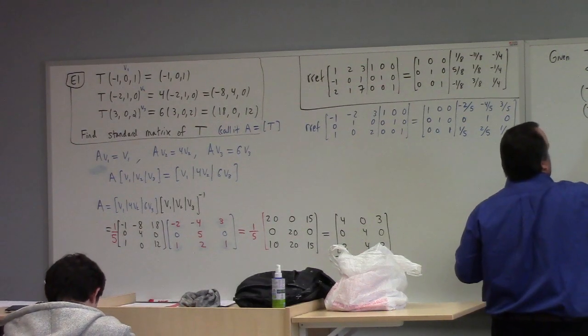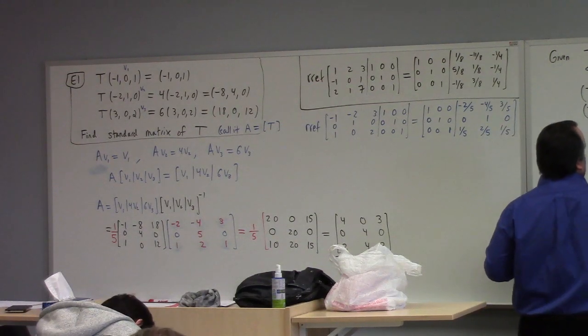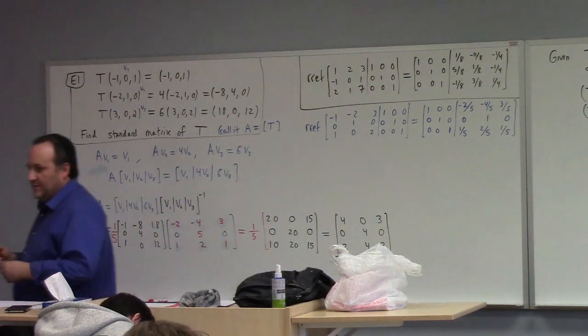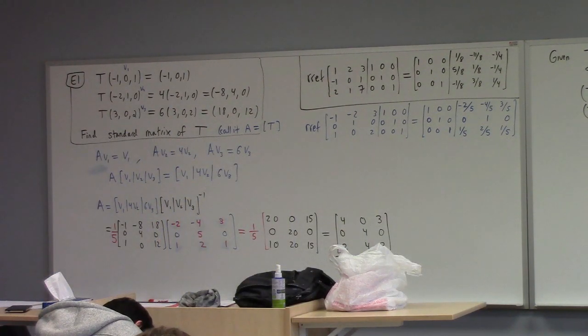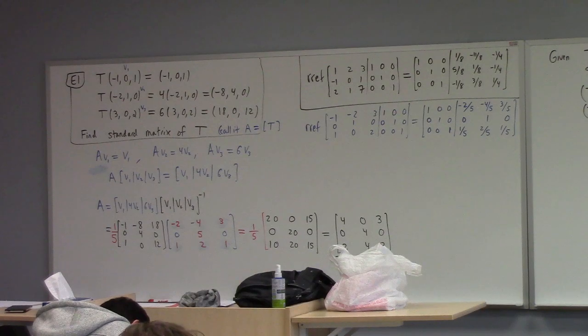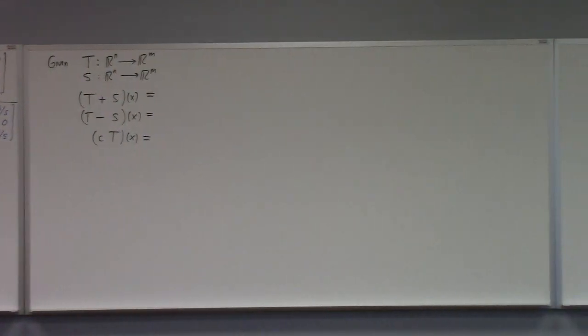We can define a constant times T. How do you define these new transformations from old? I'm going to spend about 10 minutes talking about new transformations from old here. There's not too much to say. We need to talk about how to add, subtract, scalar multiply, and then compose linear transformations, all right? So let's do that. Then we'll come back to my example 1 in a little bit.